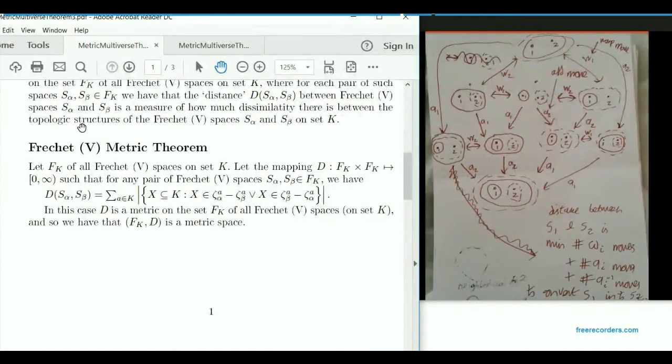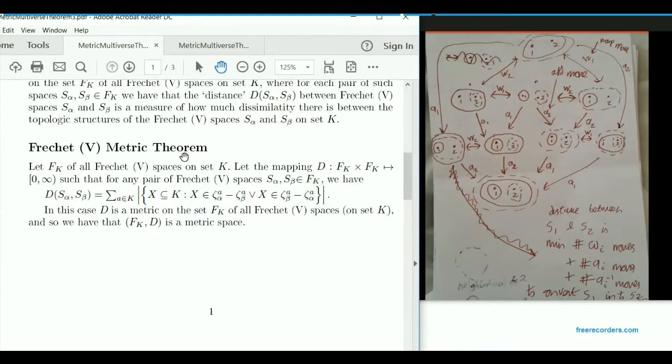The Frechet V metric theorem. Let F(K) be the set of all Frechet V spaces on K. Let us define this mapping that maps pairs of Frechet V spaces on the set K to non-negative reals.